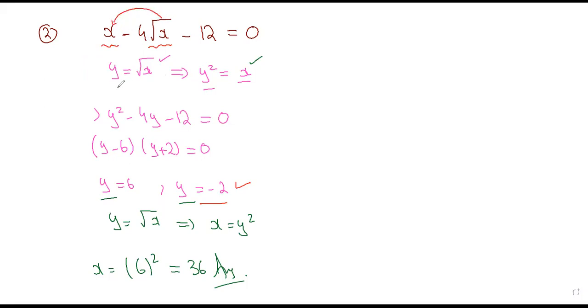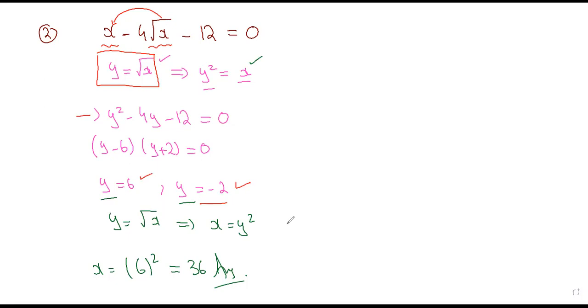So that made me use this substitution. I used y equals root x, and when I square both sides, it gives me x equals y squared. Now I got y squared minus 4y minus 12 equals 0. I used factorization and it gave me y equals 6 and y equals minus 2.